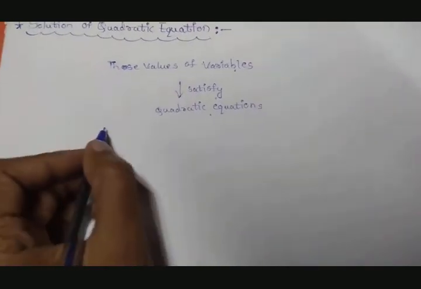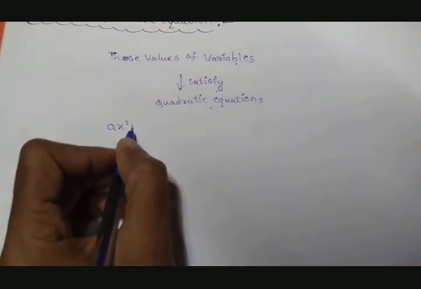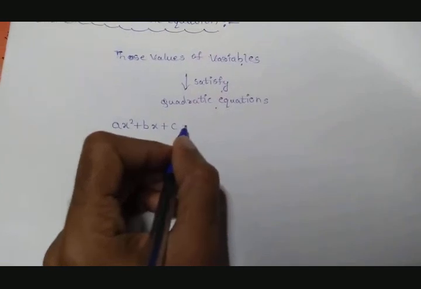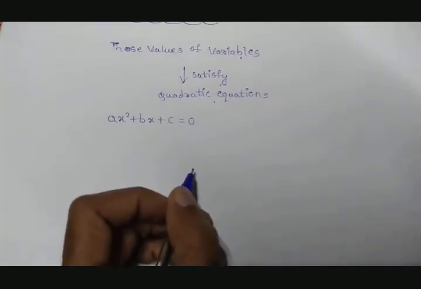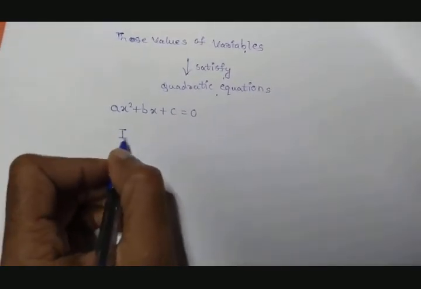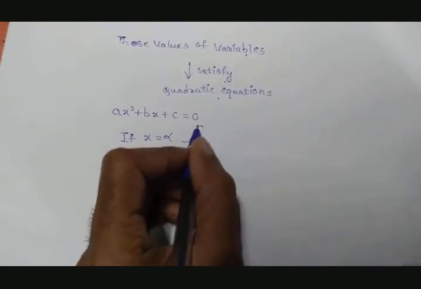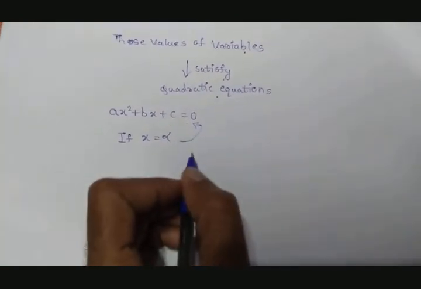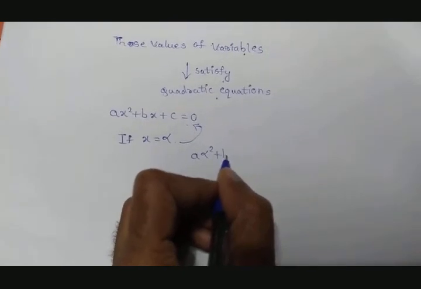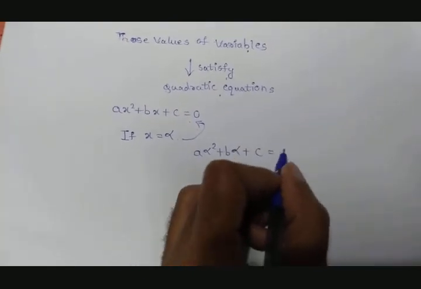Suppose we are given with the equation ax square plus bx plus c equals to 0, which is the standard form of the quadratic equation, and if x is equals to alpha satisfies this particular equation, that is a alpha square plus b alpha plus c is equals to 0.